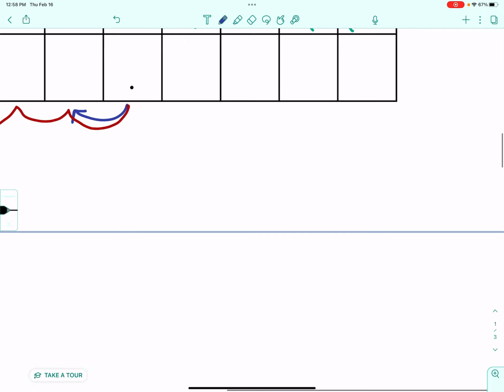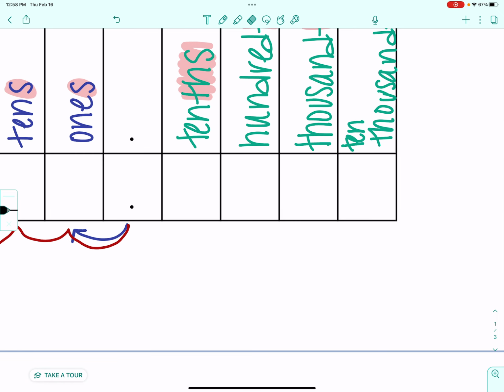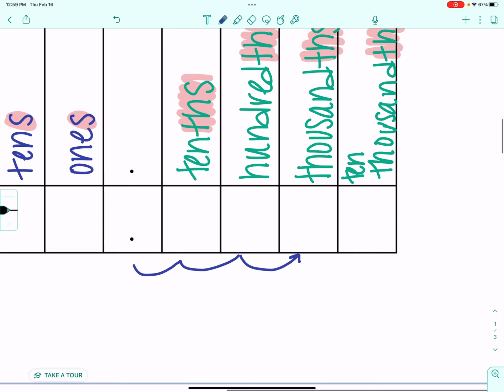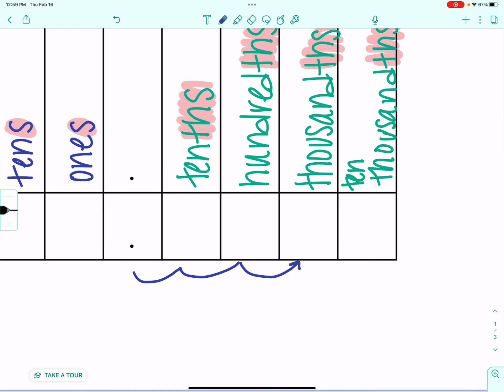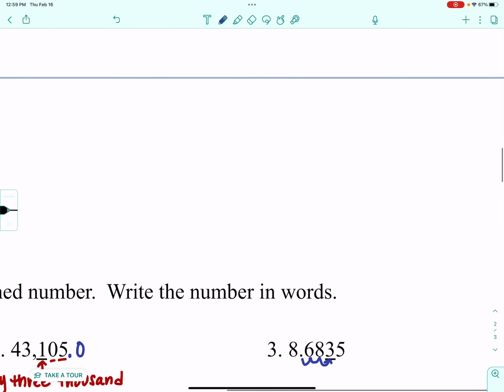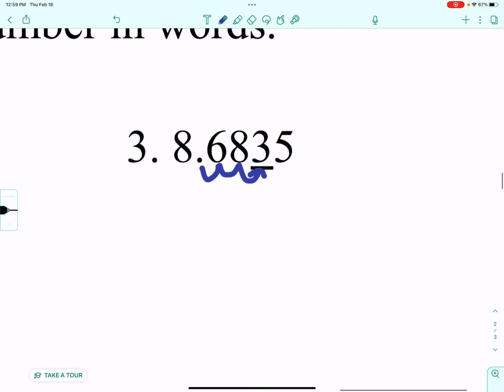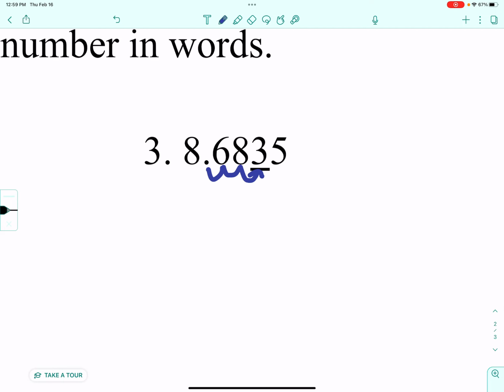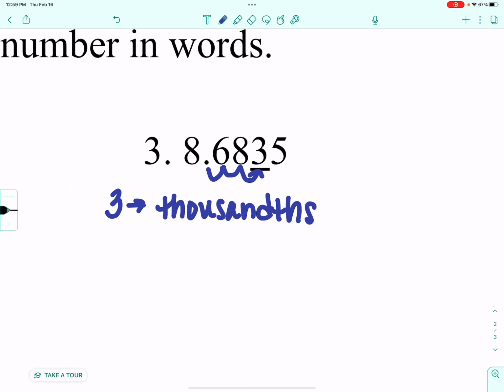So if I go to my chart and I go 3 places to the right of the decimal, 1, 2, 3, I landed in the thousandths spot. So the 3 is in the thousandths place.